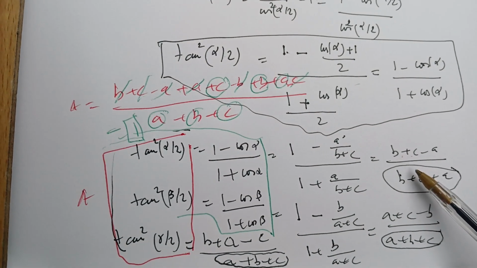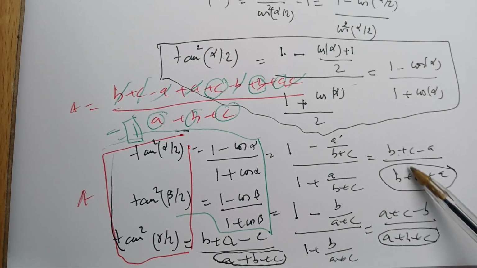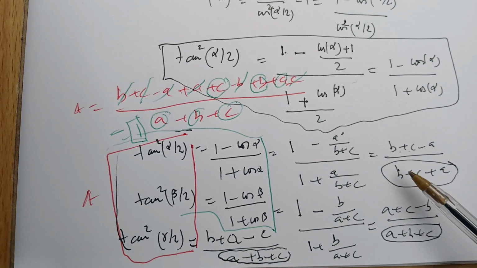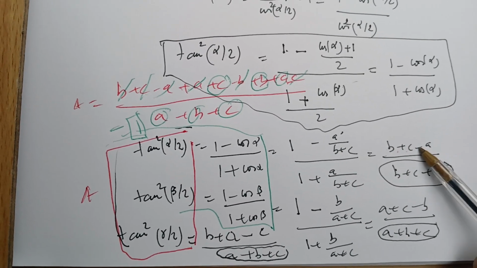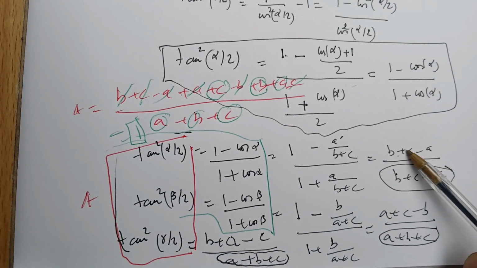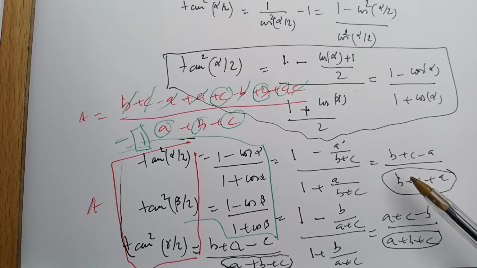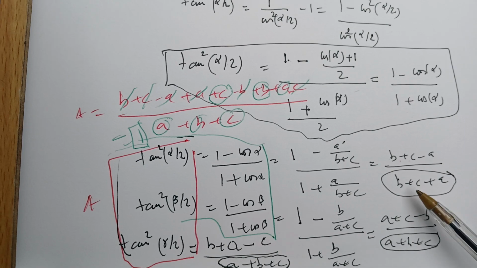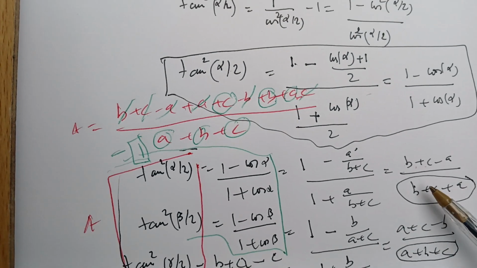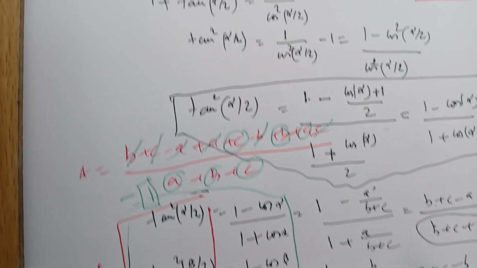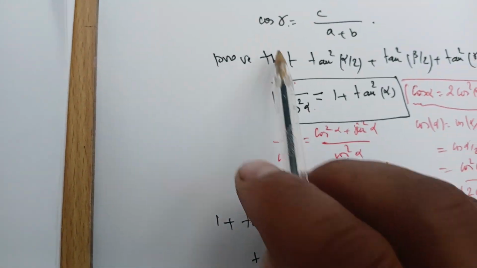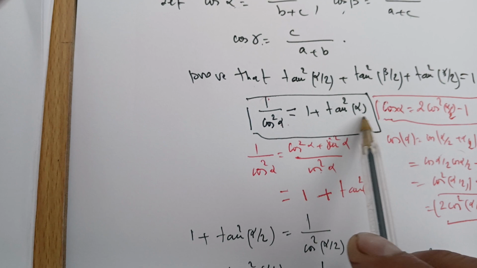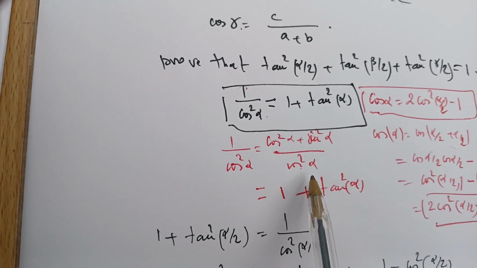Okay, so once we do the addition, we get in fact 2a plus 2b plus 2c minus a minus b minus c, which is giving us a plus b plus c over a plus b plus c, which is 1. And this proves our result. The most important thing is to relate these angles here with what you need to compute.